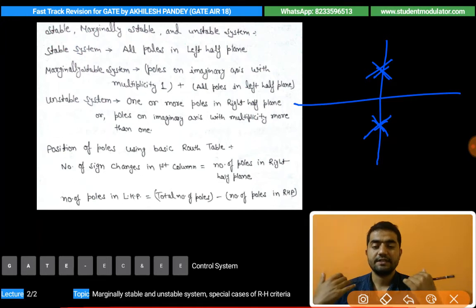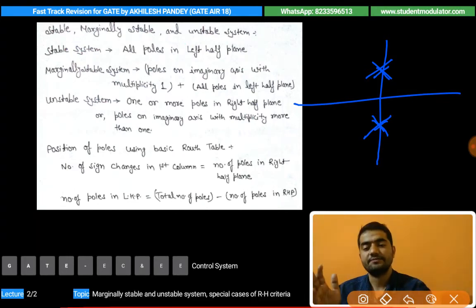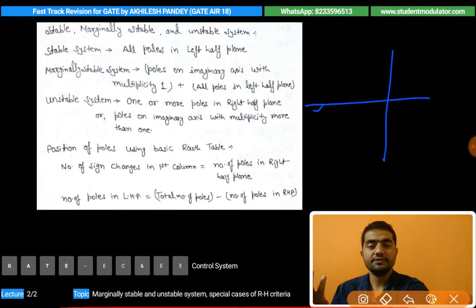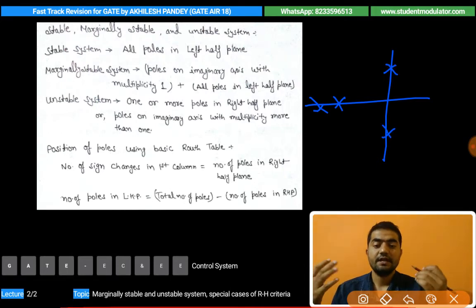So for multiplicity up to 1, it will be called a marginally stable system, and all other poles should be in the left half plane. Overall, the marginally stable system has all poles in the left half S plane, and conjugate poles on the imaginary axis with multiplicity 1.